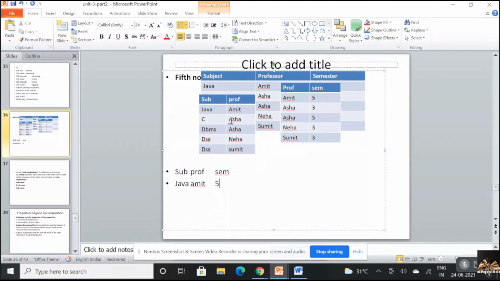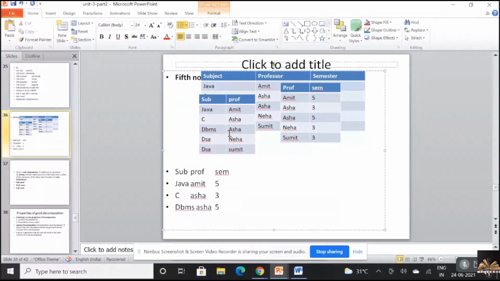Then I have Asha over here and Asha is printed twice over here. So Asha would be clubbed with this particular Asha. Asha would be clubbed with this particular Asha. So now what is happening here is subject is C, Asha, followed by semester is 3. Then I've got DBMS, followed by Asha, followed by semester is 5.